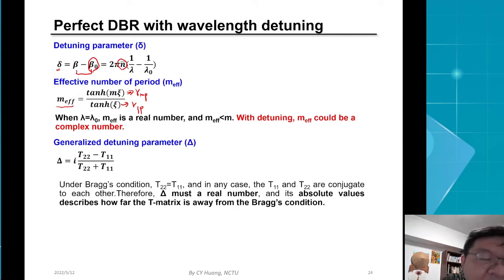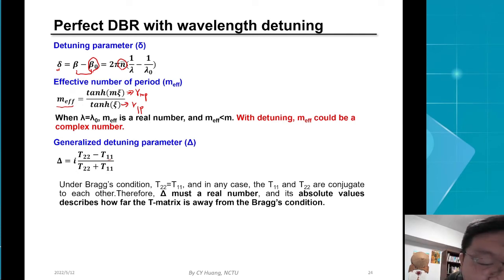Another term is the generalized detuning parameter, which means you obtain the matrix element for one pair, and evaluate how far it is from Bragg's condition from another perspective.